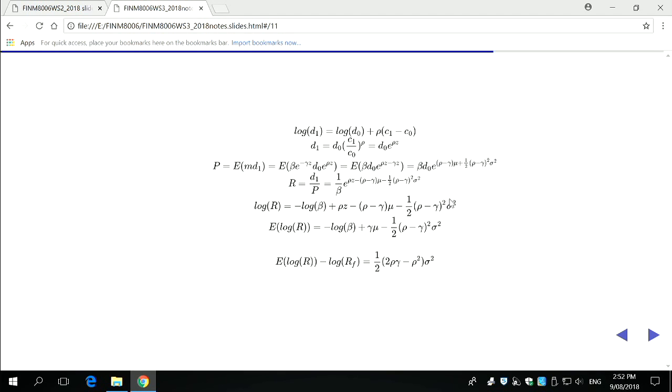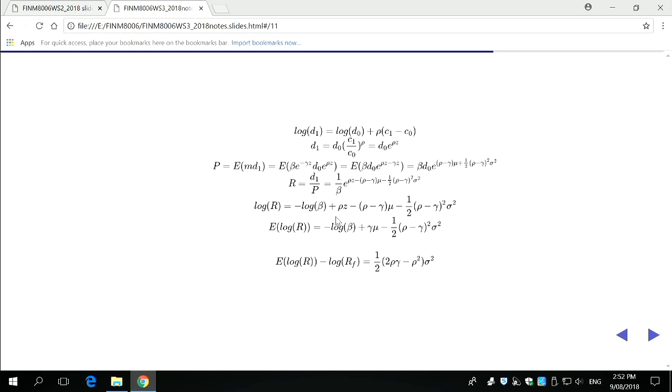Equity price. What is equity return? Equity return, gross return, is just what you get next period divided by what you pay out, right? What you get is D1. What you pay out is P. Right? So D1 divided by P will be your return of equity. Or you can express it into log return, which seems to be easier to recognize.